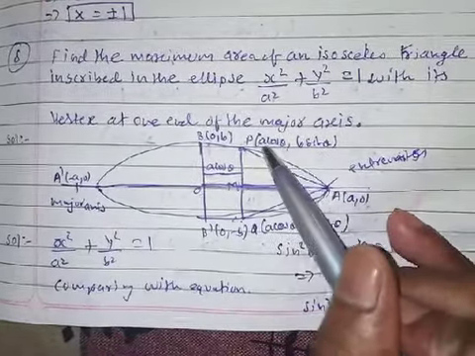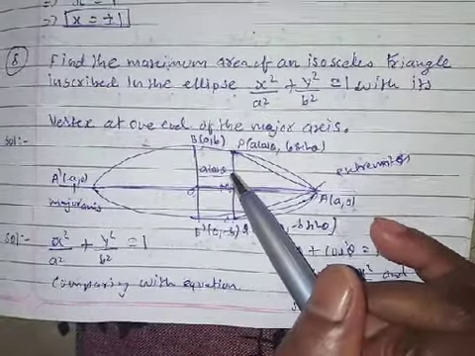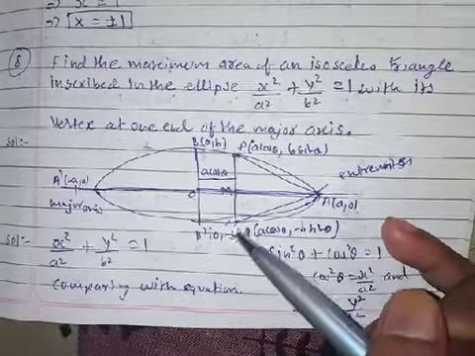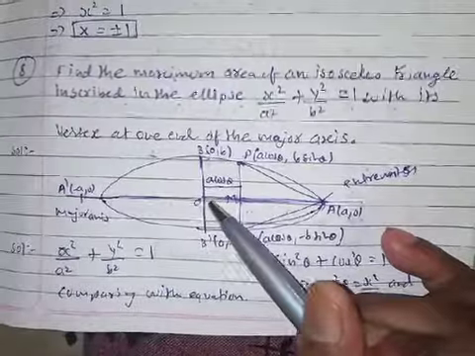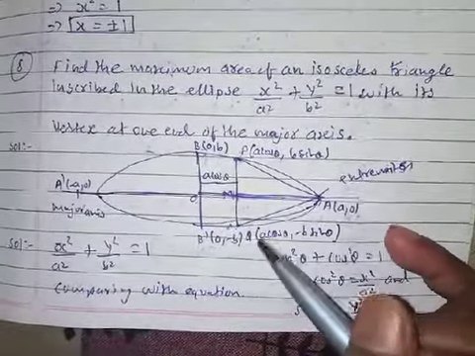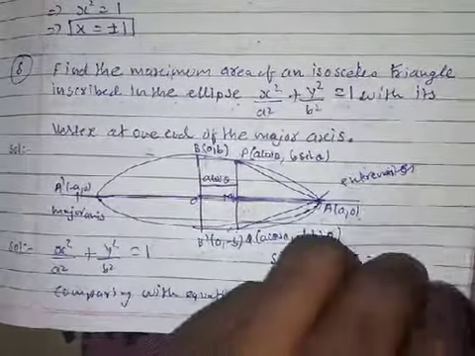So this distance is a cos theta, and this distance is b sin theta. Here it is minus b sin theta. So therefore Q is (a cos theta, minus b sin theta). This much you understood.